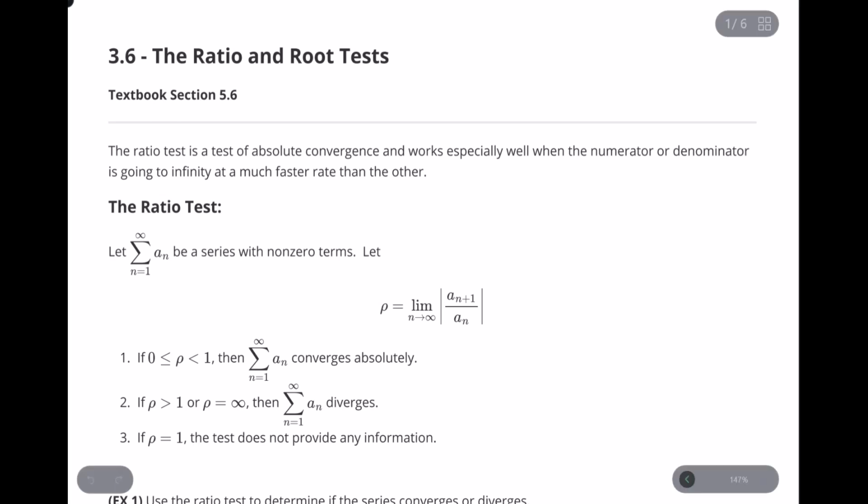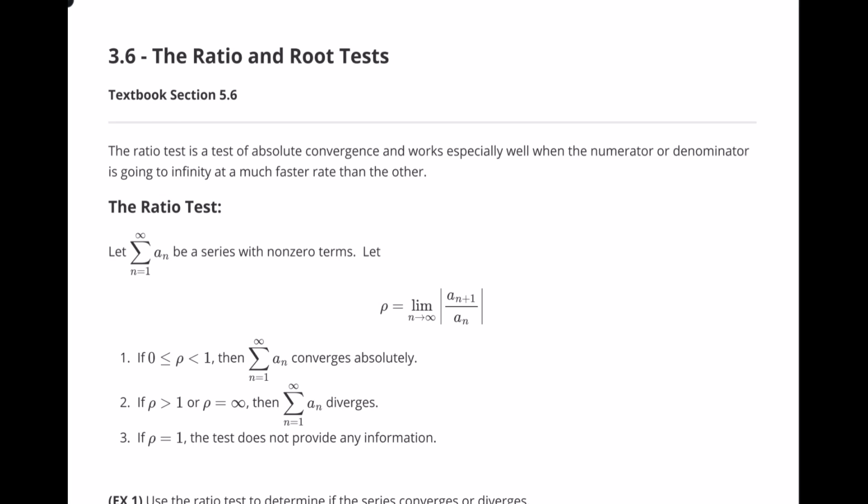Okay, so the ratio test says let the sum from n equals 1 to infinity of a sub n be a series with non-zero terms. The problem with terms that are equal to 0 is we're going to be dividing, and when you have division and 0, things are likely to go poorly.